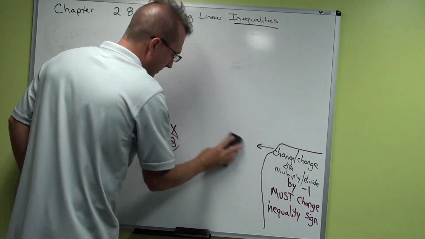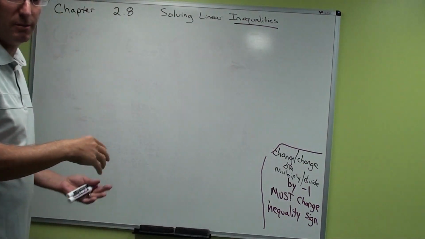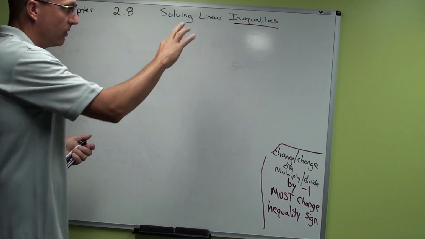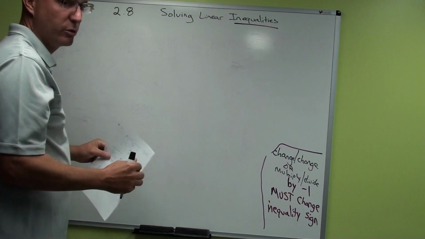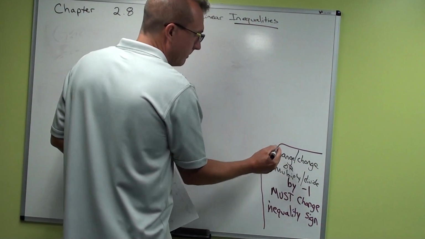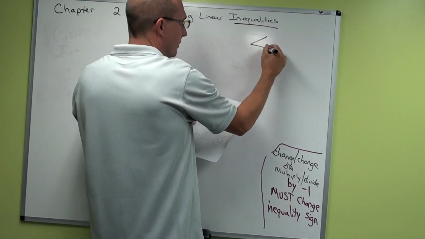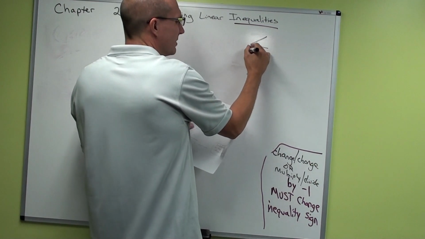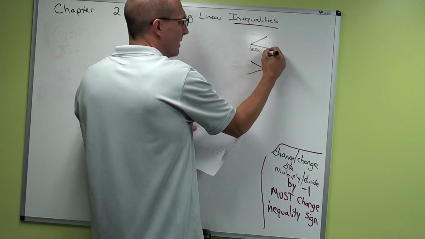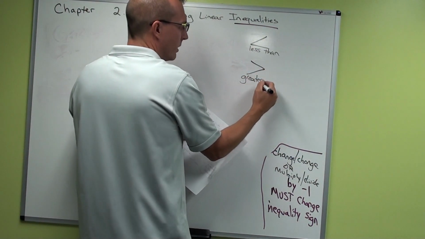So now, in my opinion, the best way to do these is just to start doing them. The problems will all be the same, the inequality will change, and there are some rules we have to go over, so I'm going to write those down right now. So these are notes you want to have. This is one of the main notes here, and then I'm going to write a couple notes here. It'll be in like a little chart here. Alright, this is less than, this is greater than.